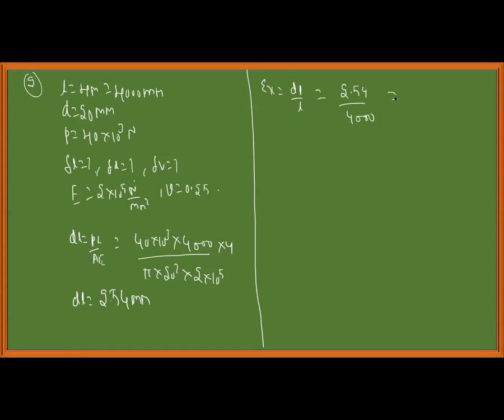Can you tell me what is epsilon x? Strain in x direction. For strain in x direction, you have to take dl by L. Strain in y direction, delta d by d. Strain in z direction, delta b by b. Something like that only. We should not take epsilon y as delta d by d.